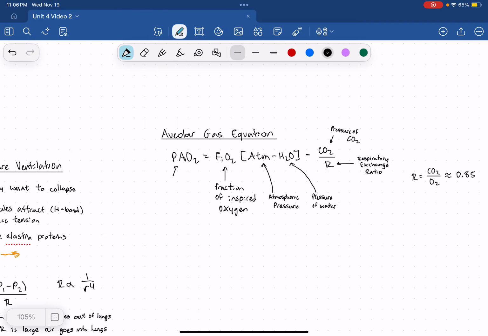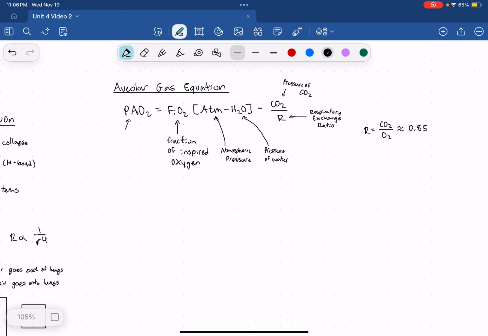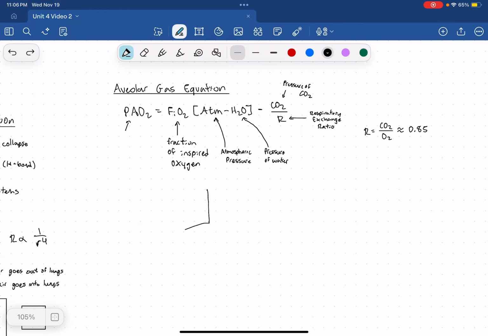So, in your lungs, we have two primary gases that get exchanged constantly, right? Those two primary gases are O2 and CO2. So these blue dots, let's just say these are O2 molecules here.